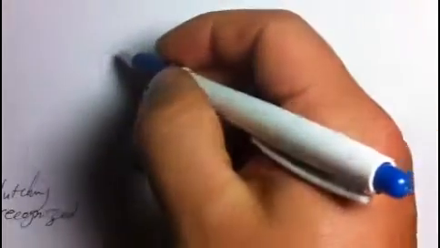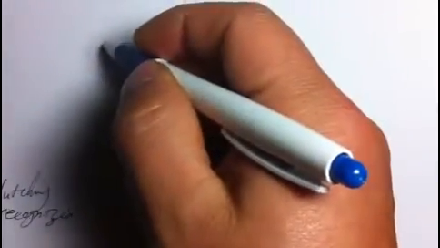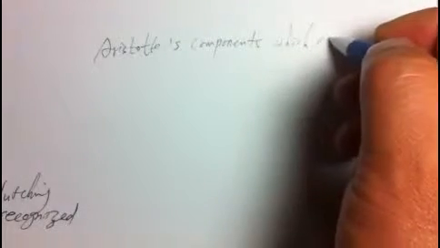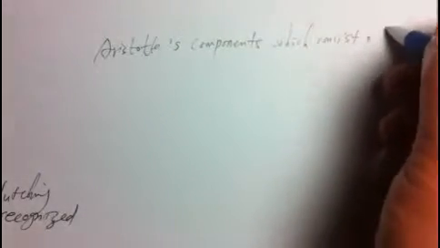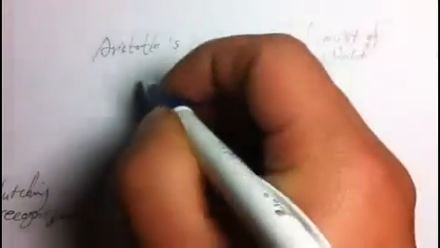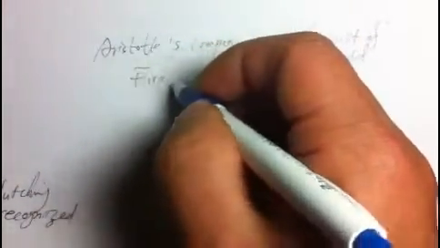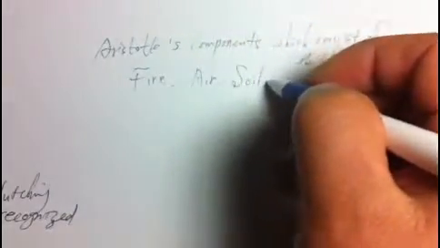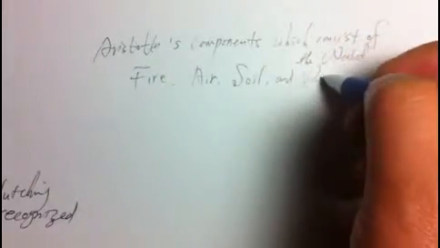Here I am talking about Aristotle's components which consist of the world. This is fire, air, soil, and water.